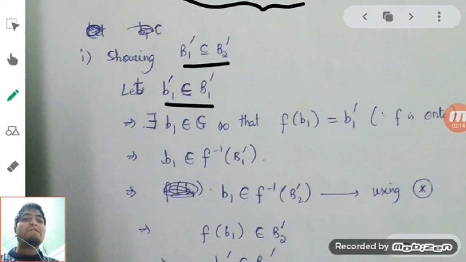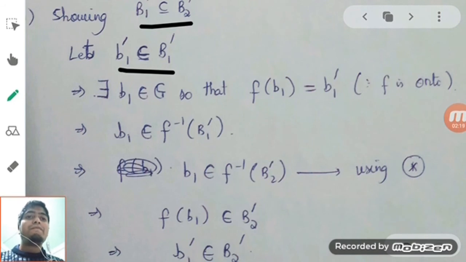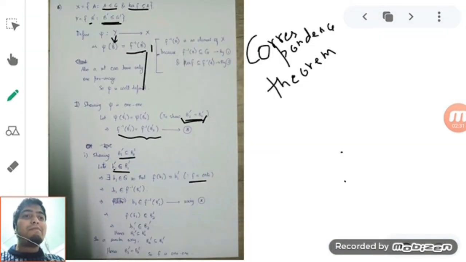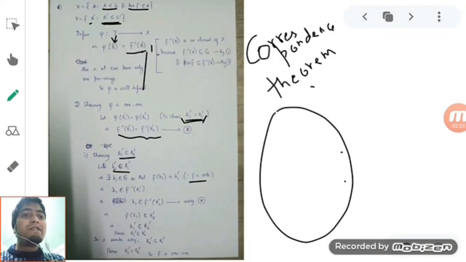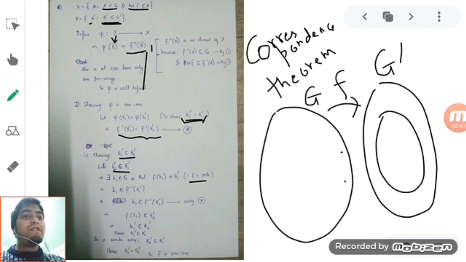So we show that b1 dash is contained in b2 dash. Because it is a subgroup, and because f is onto. Maybe I'll draw over here. This is G, this is G dash, f is onto.